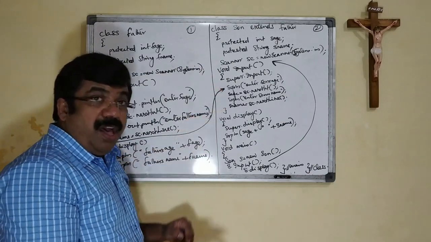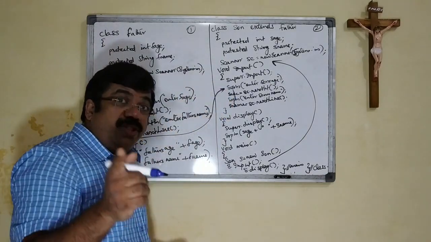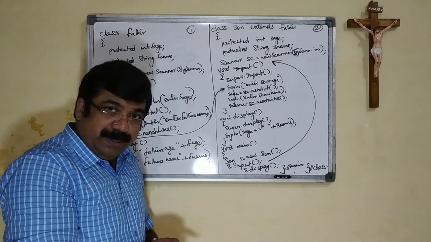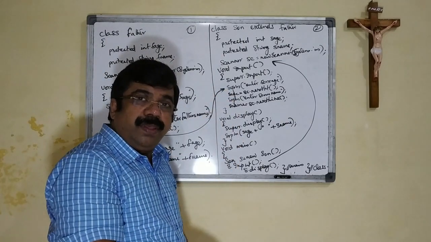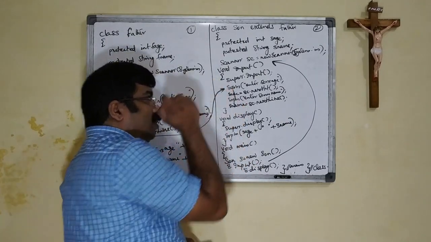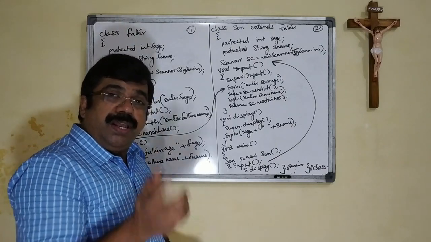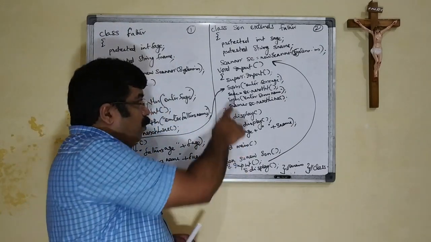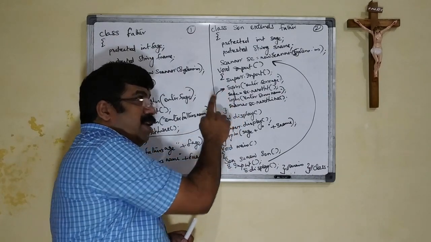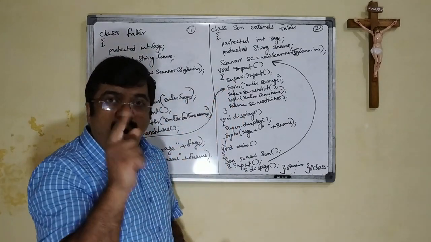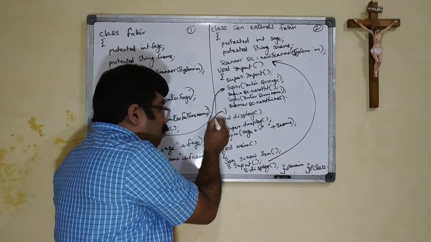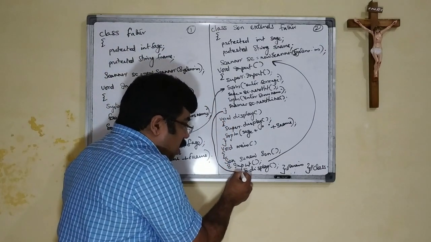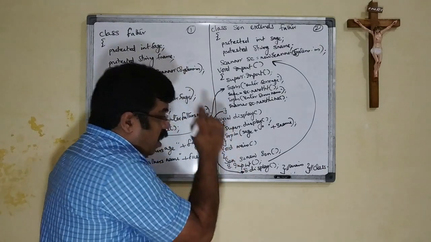We reached here, the next line after the function call. It will continue. It will input the son's name as well as son's age. When this input function is over, we will go back to the next line after the input function.